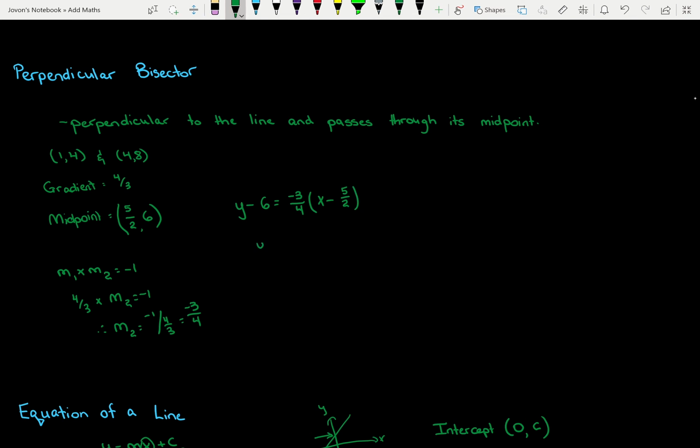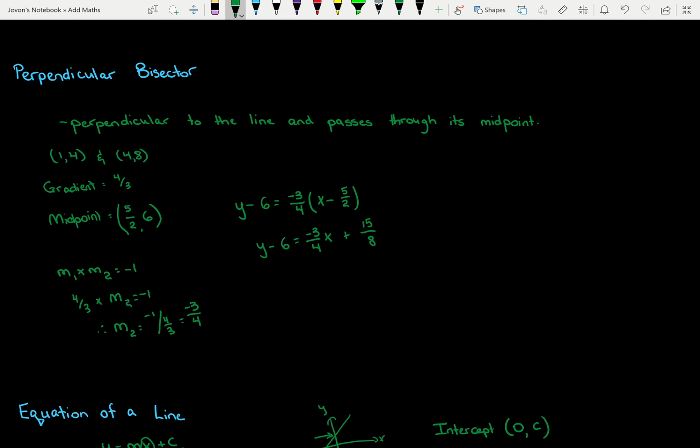So we get y minus 6 is equal to -3 over 4 x minus, so it becomes plus. Remember, make note of your minuses. So it becomes plus 15 over 8.